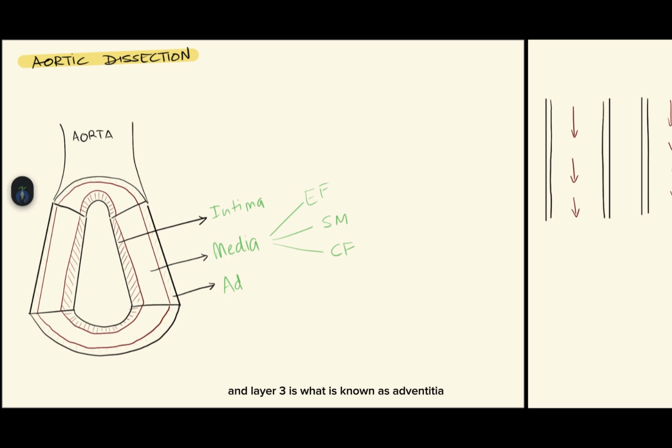And layer 3 is what is known as adventitia, which is the tough outer connective tissue layer. It is the last barrier between the aorta and free rupture into the thorax or the pericardium.